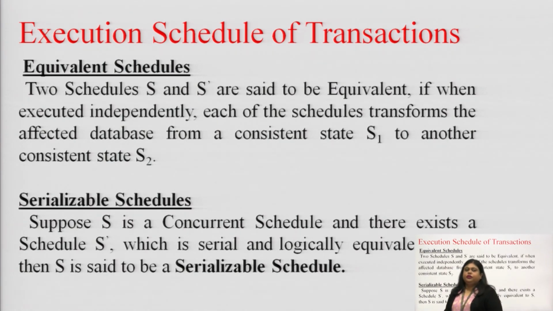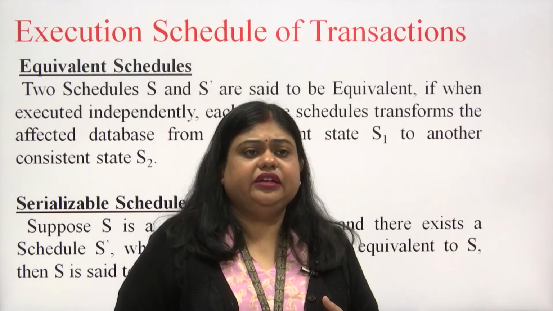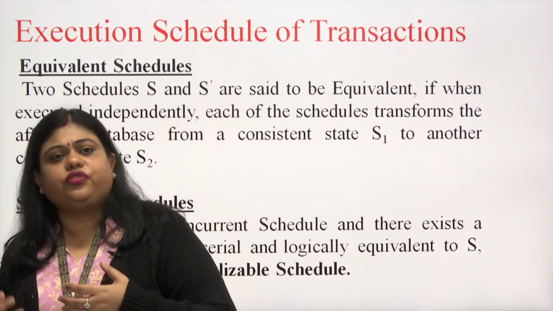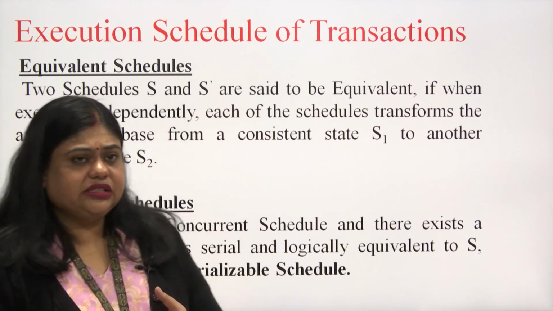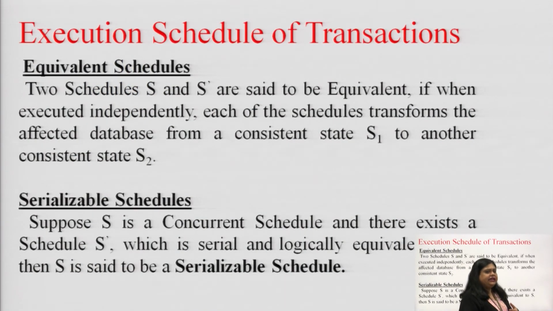right. Now, when do we say that two schedules are equivalent schedules? So, to end this whole thing, we need to know what are equivalent schedules and what are serializable schedules, right. Now, what are equivalent schedules? Two schedules S and S dash are said to be equivalent if, when executed independently, each of the schedules transforms the database from a consistent state S1 to another consistent state S2, right.